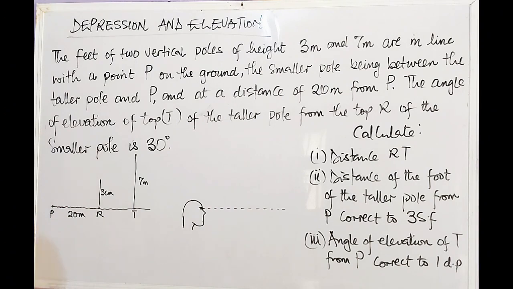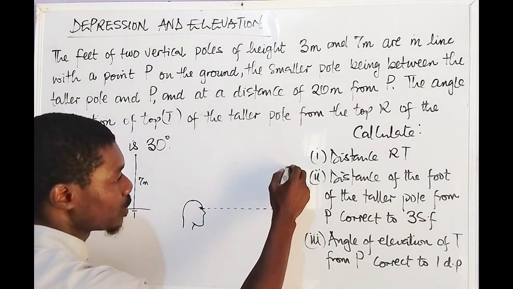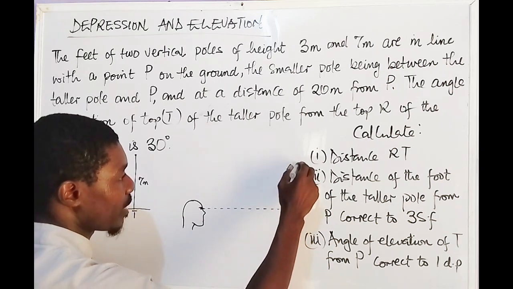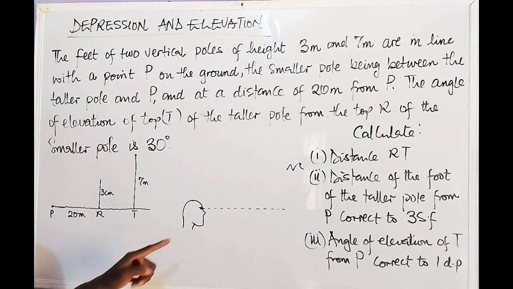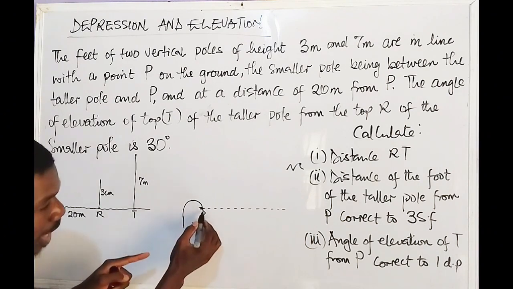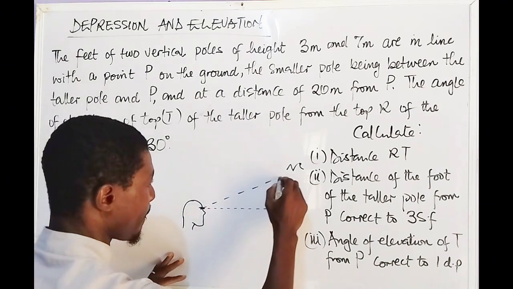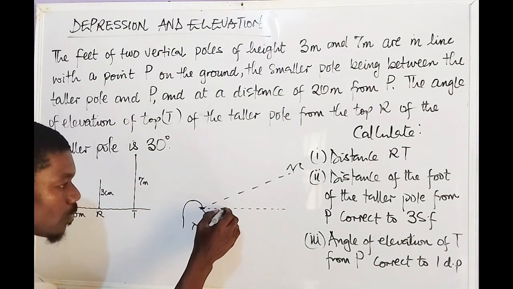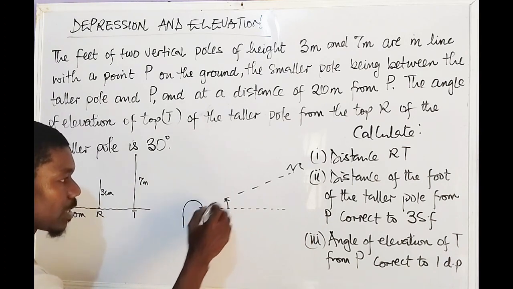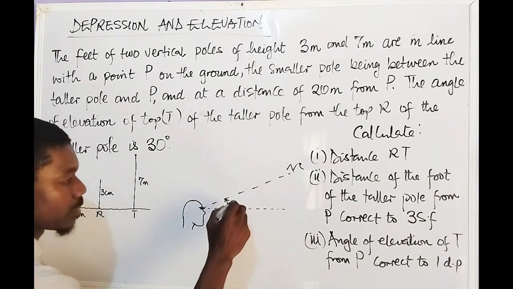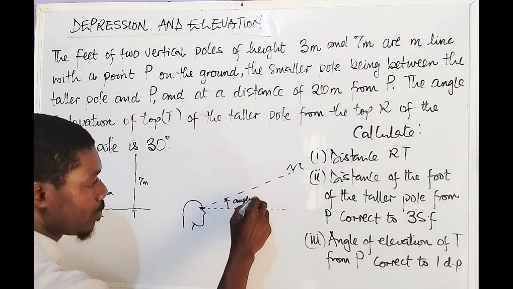If by chance you see a bird flying somewhere around here, and you move your eye to view this bird, the angle up here is what we call the angle of elevation.